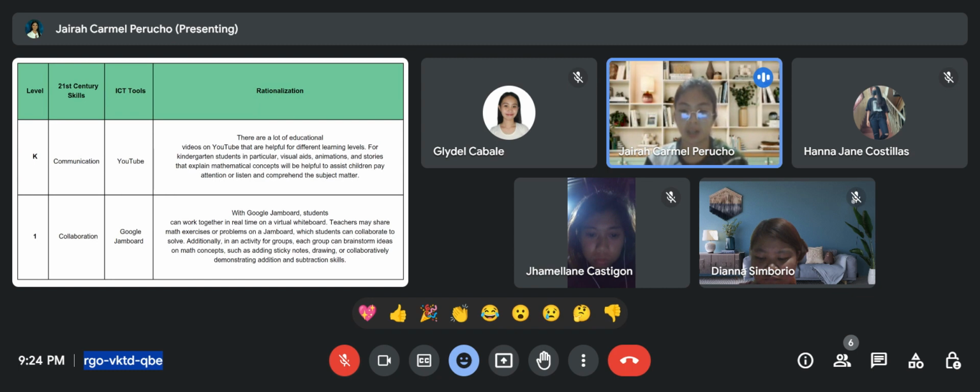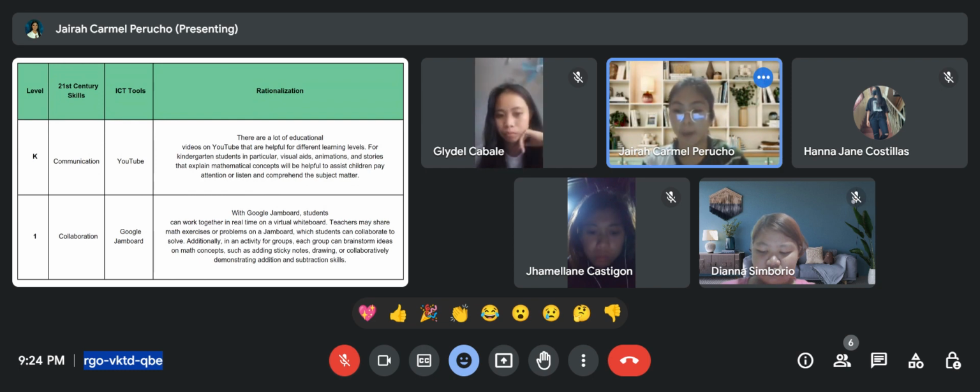learning activities. Then the ICT tool for learning, we choose YouTube because there are a lot of educational videos on YouTube that are helpful for different learning levels. For kindergarten students in particular, visual aids, animations, and stories that explain mathematical concepts will help children pay attention, listen, and comprehend the subject matter.